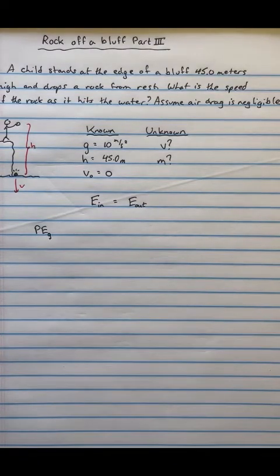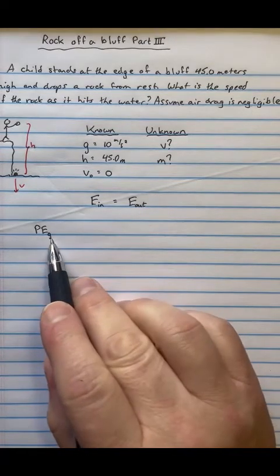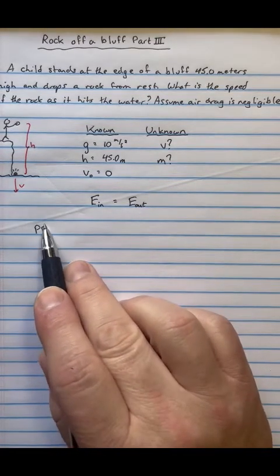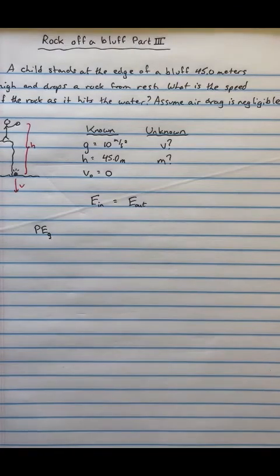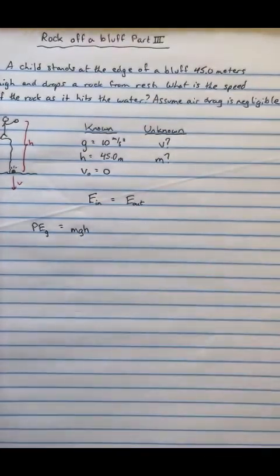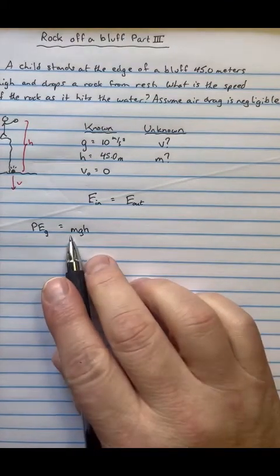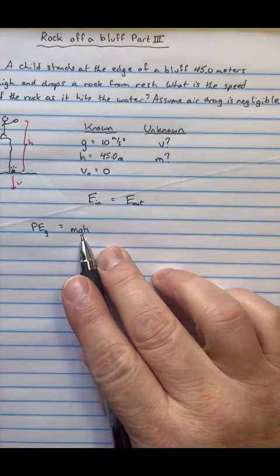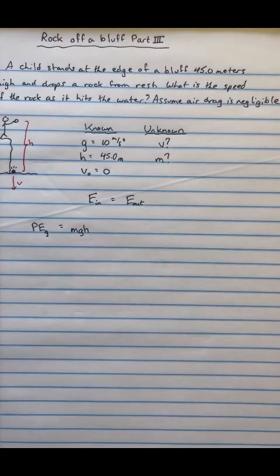If you use other textbooks, or go to different levels of physics, they often will not use PE, they'll use some other symbol, but in the intro books that we use, we like to make it obvious. The G is a subscript that stands for gravity, so potential energy due to gravity, right? And that formula is mgh, which means the mass of your object, the acceleration due to gravity, and the height, like that.